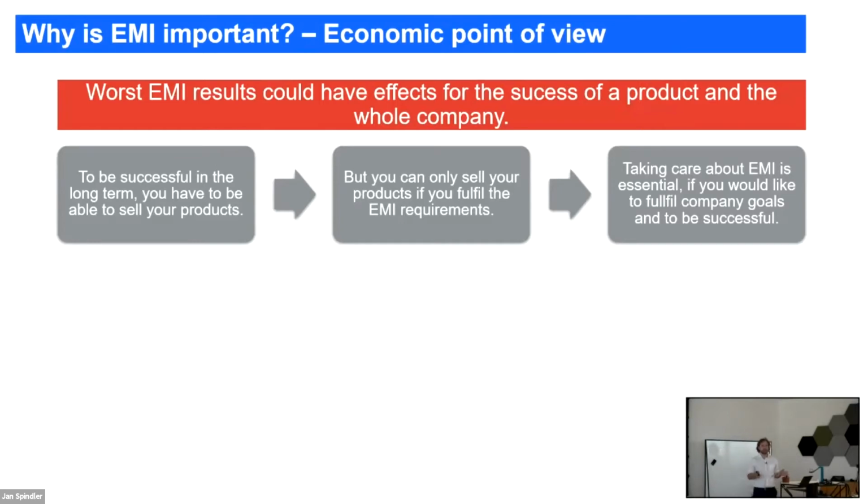It's the basics: if you are a production company, you make a product, you want to sell it. But to sell it, you need to fulfill the EMI requirements. Taking care of EMI is essential to be successful long-term.